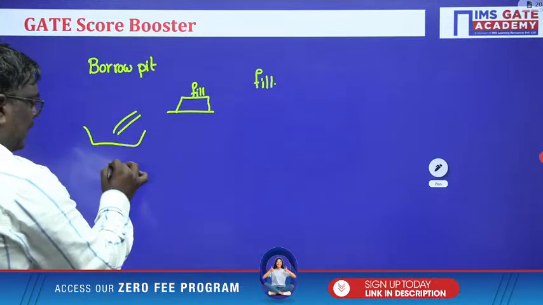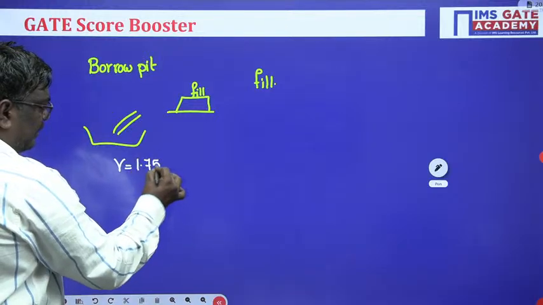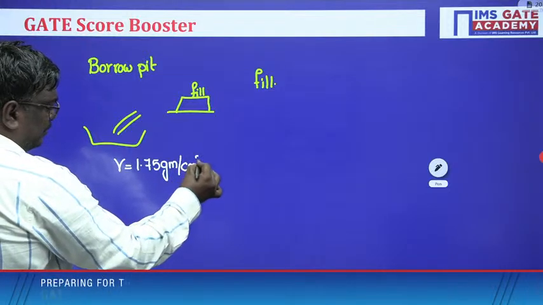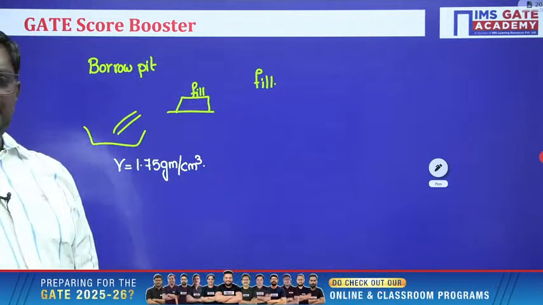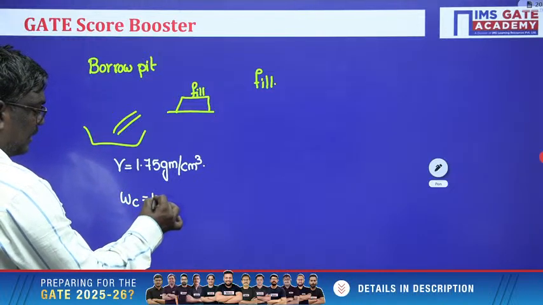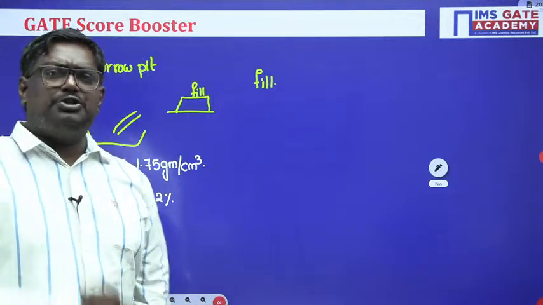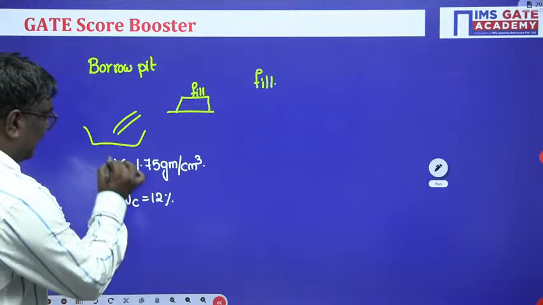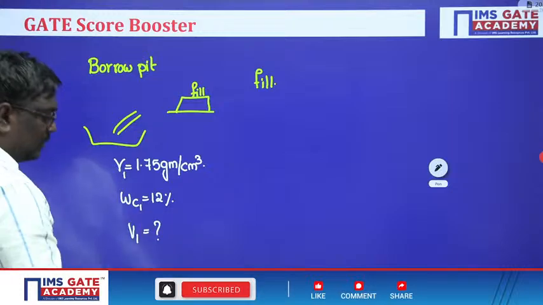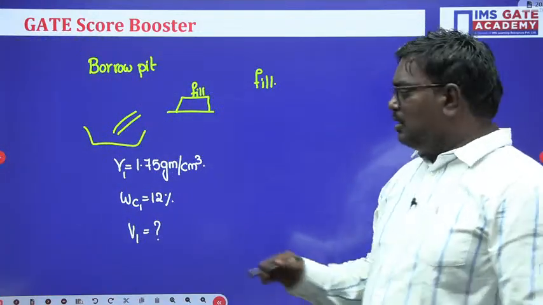Here for the borrow pit, they have given gamma is equal to 1.75 gram per cc, or centimeter cube. And they have given you, my dear students, water content as 12 percent. In the first question they are asking, if I take borrow pit as 1, what is the volume V1? Now they have given the details of the fill.